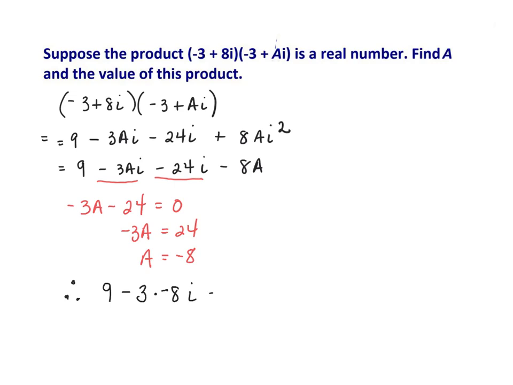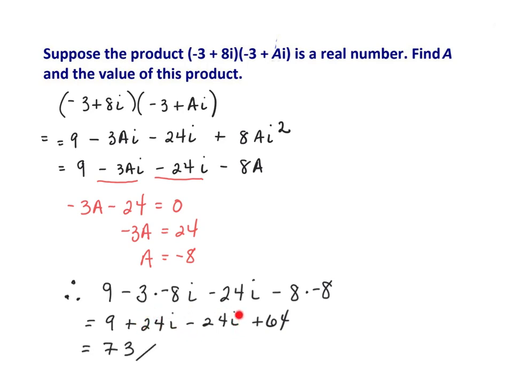So I get 9 minus 3 times -8i minus 24i minus 8 times -8, which becomes 9 plus 24i minus 24i plus 64. And if this hadn't happened, you should have been concerned, but my imaginary part canceled out, leaving me with 73.